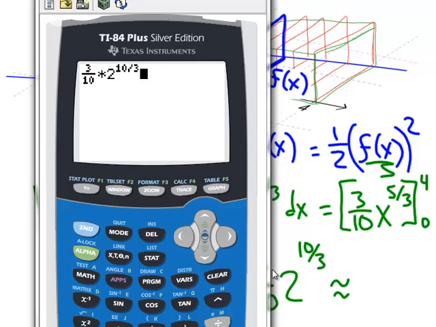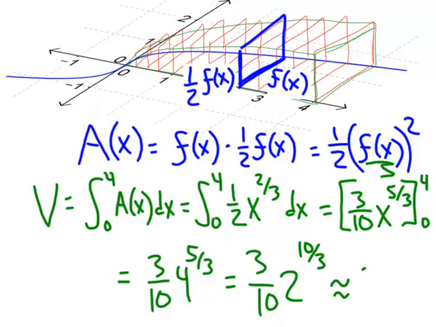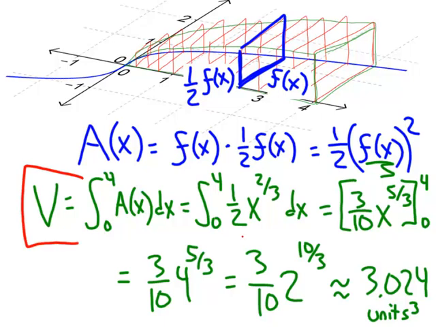Enter in 3/10 times 2 to the 10/3, and we get about 3.024. If we're given units on that, we would say those were units cubed. All right, that is our answer. So I'll put my lazy man's box around that final answer.